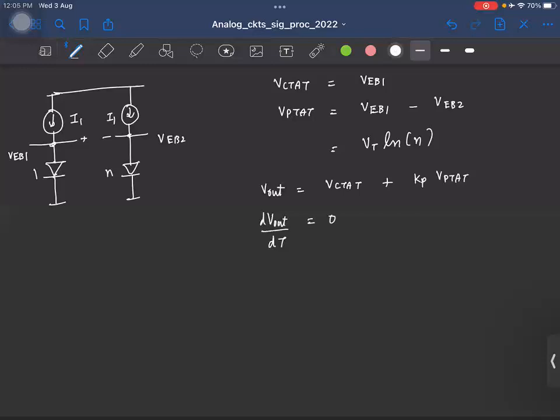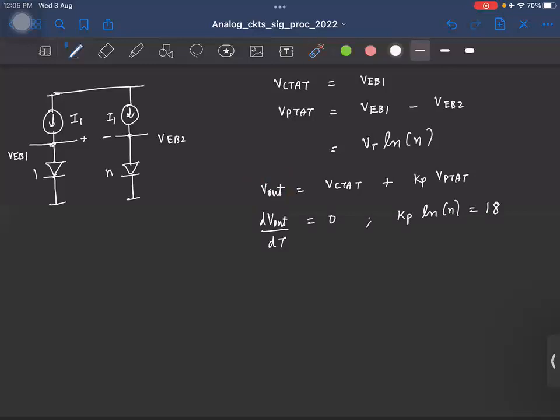And from this, you can calculate what this value of Kp. And for the chosen values, we saw that Kp ln n is around 18, right? Great. So this is still in words. We still haven't developed the complete circuit. So let's see how we can make a circuit that can generate this final V out voltage, right?